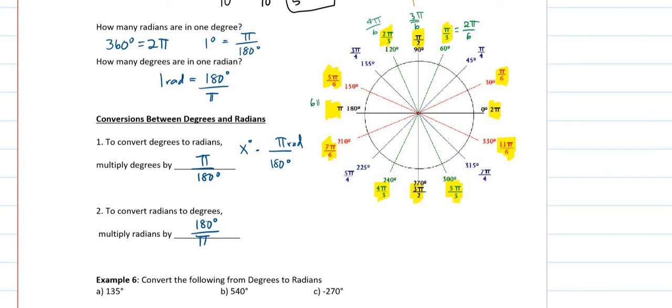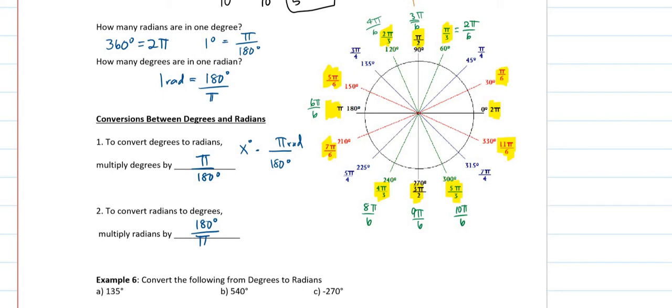This would be 6 pi over 6, but it's a simplified fraction. 7 pi over 6. This is 8 pi over 6, simplified fraction. 9 pi over 6, simplified fraction. This is 10 pi over 6, simplified fraction, etc. And then we get to 11 pi over 6. So you can see how if you know your 6's, you can count all the way around.